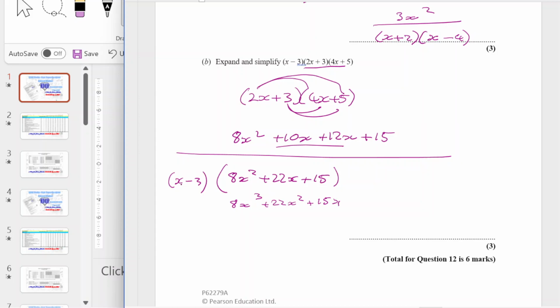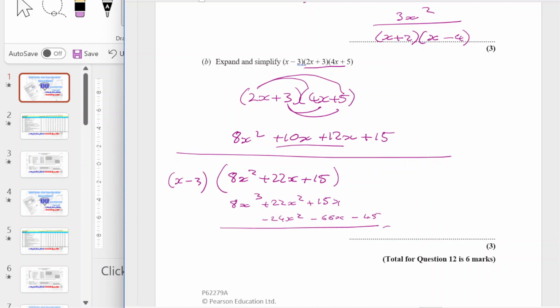And then I'm now going to line these up. So minus 3 times 8x would give me minus 24x squared. Minus 3 times 22x would give me minus 66x. And then minus 3 times 15 would give me minus 45. I then add up those parts.